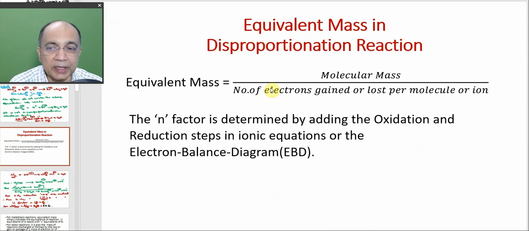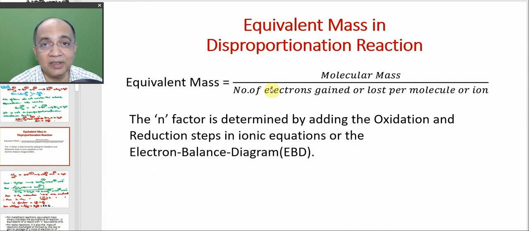Now, let us find out the equivalent mass of a substance undergoing disproportionation reaction or auto-redox reaction or self-redox reaction. How to find the equivalent mass? Again, I will ask you a question. Why are we at all studying about equivalent mass? Same thing.